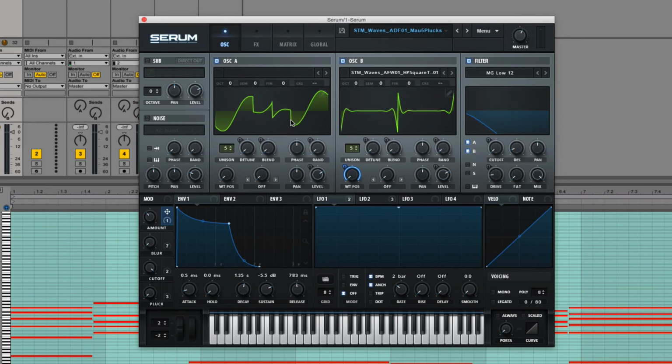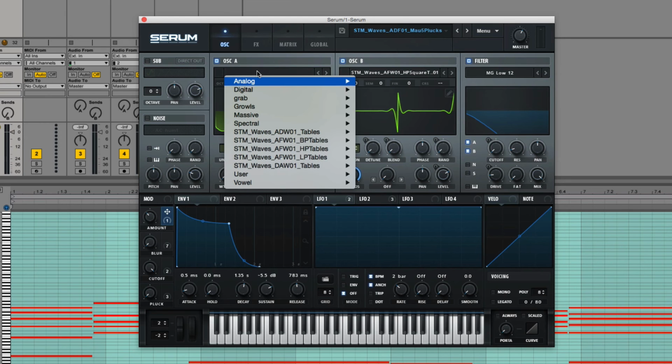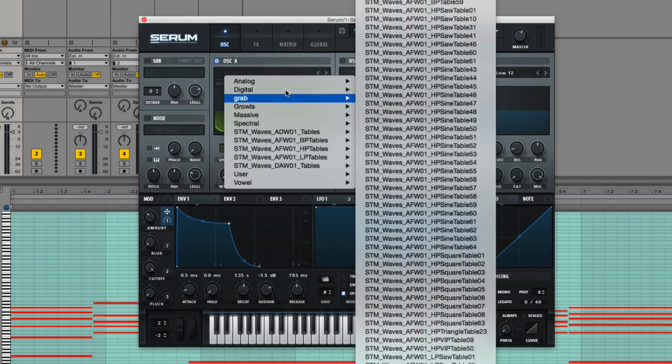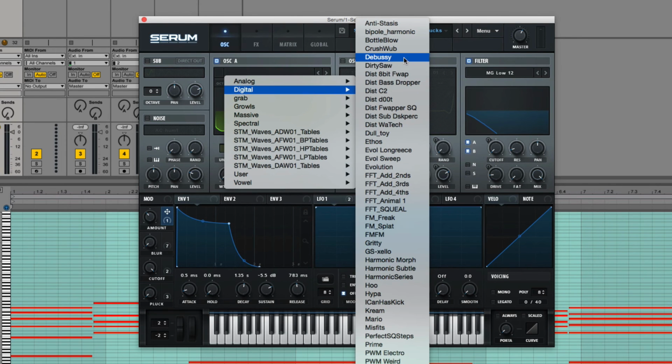Alright, let's go over the Mouse Plucks one first, since that's the demo preset and probably the one everyone wants to see anyways. So one of the bass sounds is this Debussy wavetable right here.